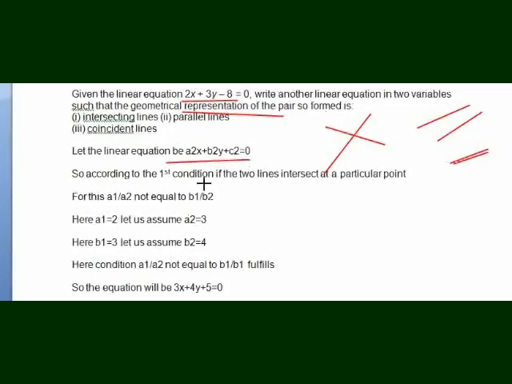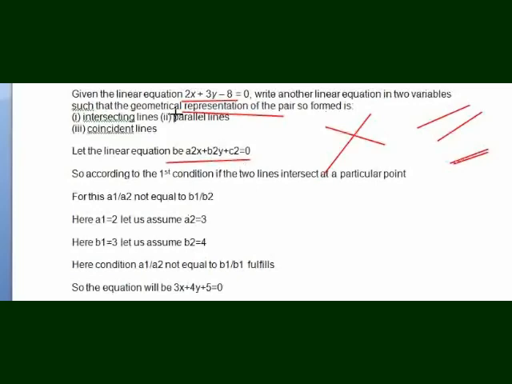So to get the first condition, we already know that a1 by a2 should not be equal to b1 by b2. Here we compare this equation with a1x plus b1y plus c1 is equal to 0. So a1 will be 2, and we don't know the value of a2, and b1 is 3 but we don't know the value of b2.